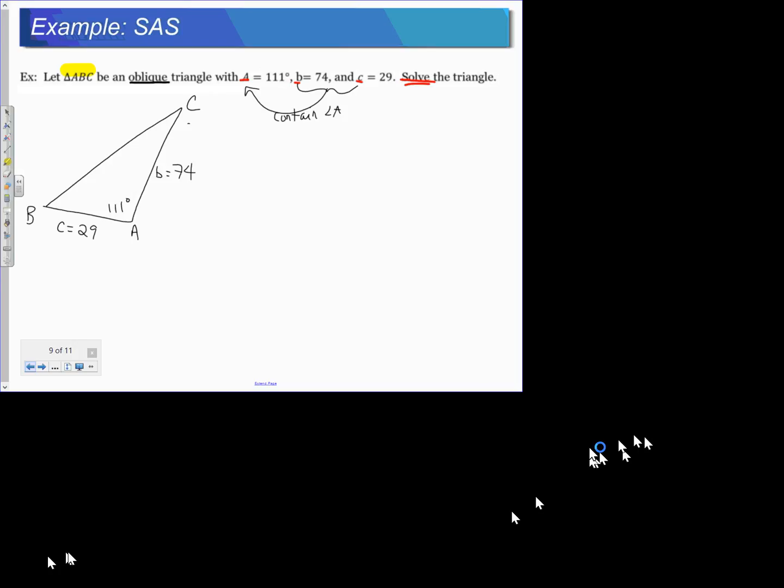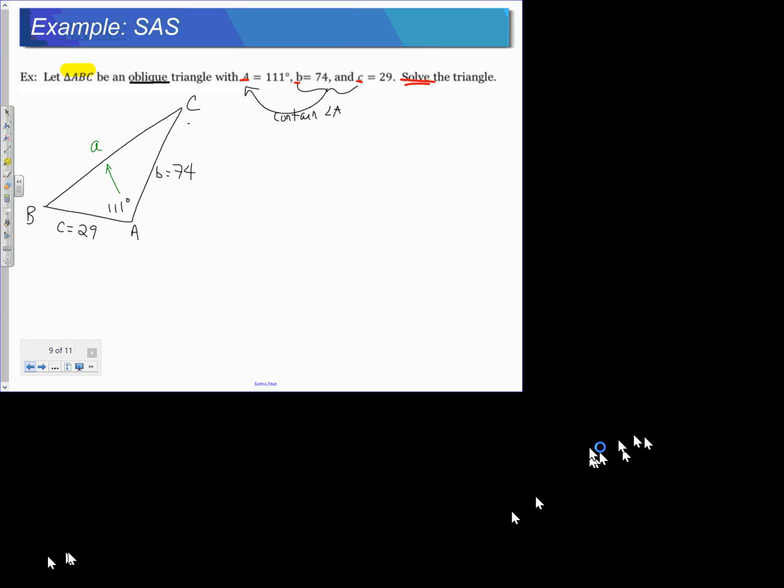So what we need to do is figure out the missing side, which is opposite of angle A, and that's going to be side A. Based on some prior learning, we have a cosine law relationship.